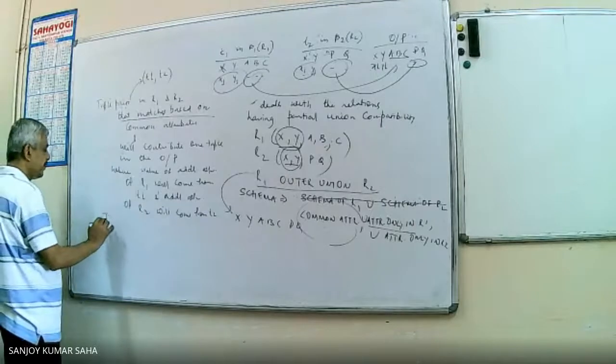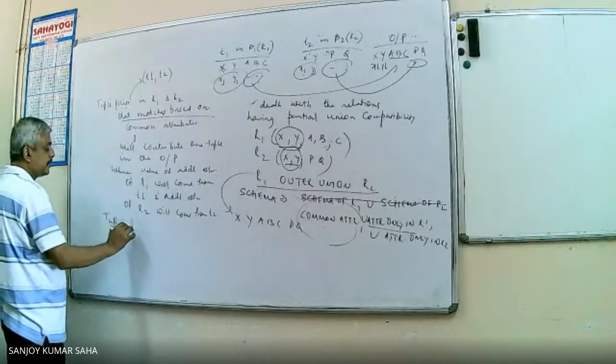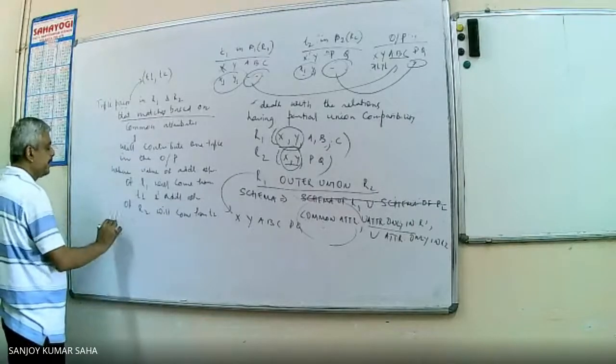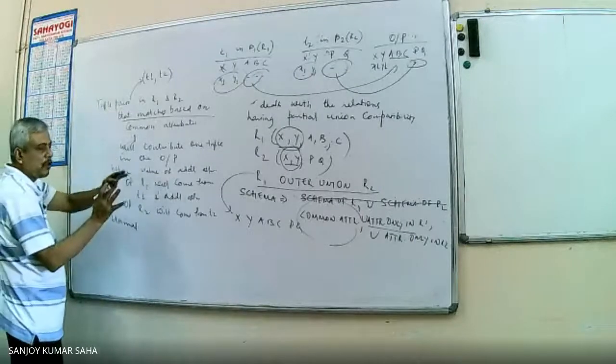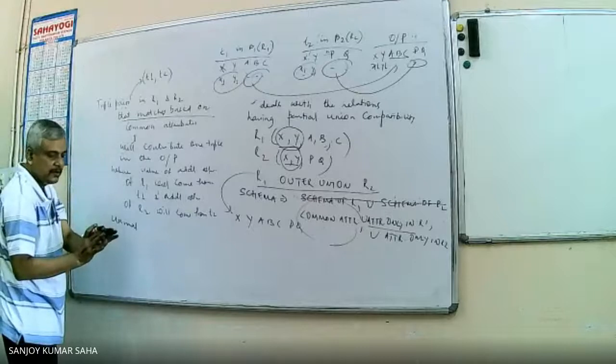Now obviously we have unmatched tuples. Matched means based on the common attributes they are the same.